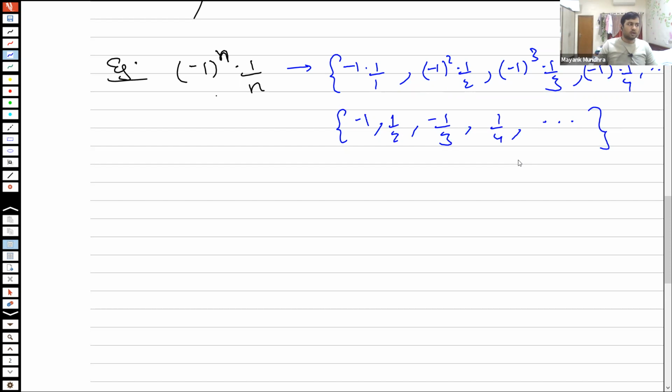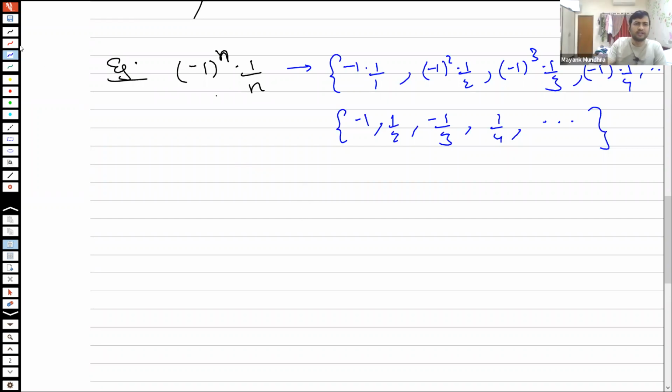So my question is, what do you think the limit of this sequence is going to be? It's an open question, anybody can answer. It will also tend to 0.